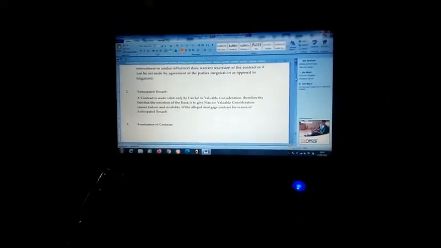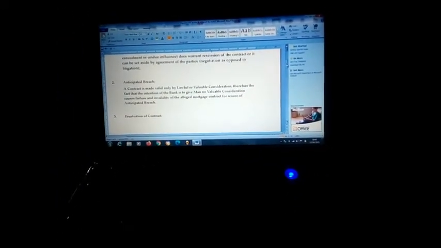It's not illusion like they operate. Therefore, the fact that the intention of the bank is to give man no valuable consideration causes failure and invalidity of the alleged mortgage agreement for reason of anticipated breach.